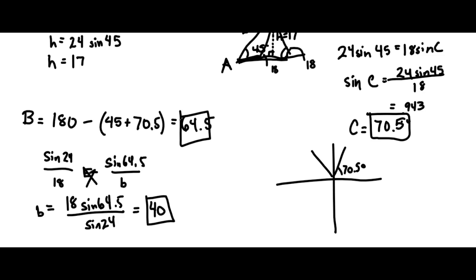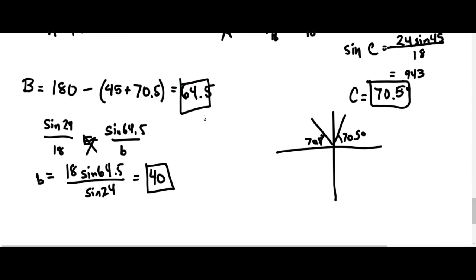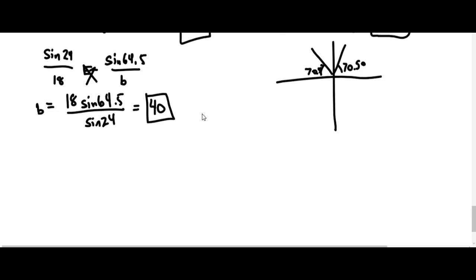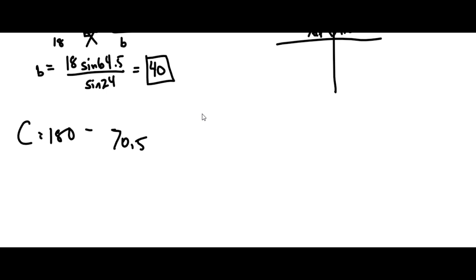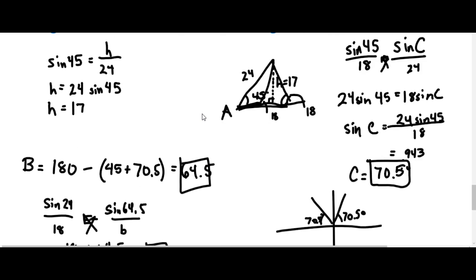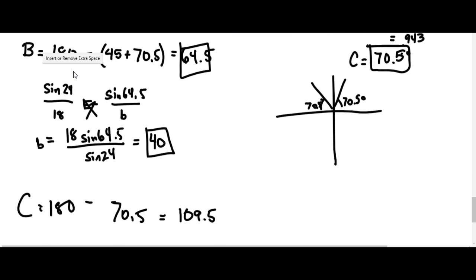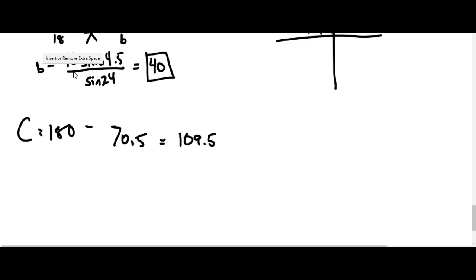To get 70.5 degrees on the other side, we would need to subtract it from 180. So now our new angle C is going to be 180 degrees minus 70.5 degrees, which is 109.5.